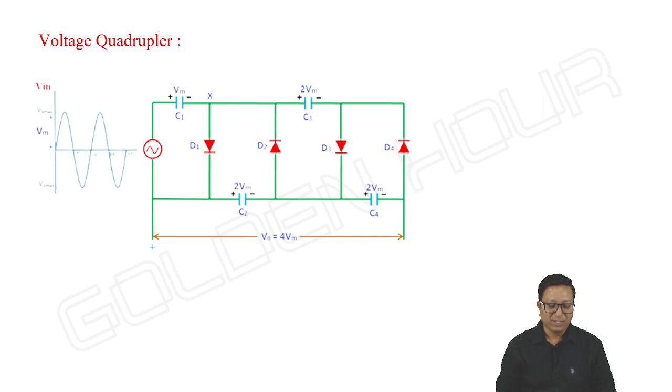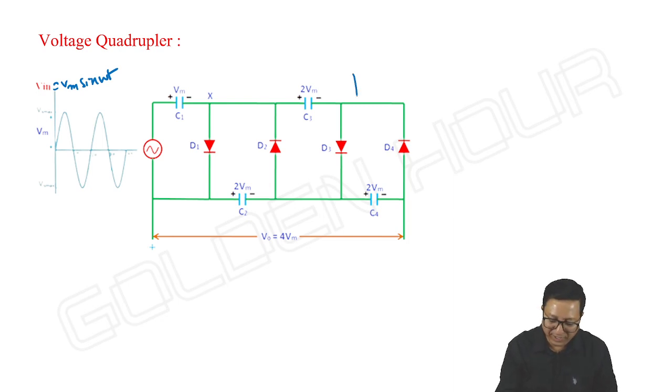Now you see voltage quadrupler. So here output is a DC voltage whose amplitude is equal to 4 times the peak amplitude of the AC input. Input is Vm sin omega t, so output is equal to 4Vm. How does the circuit appear?